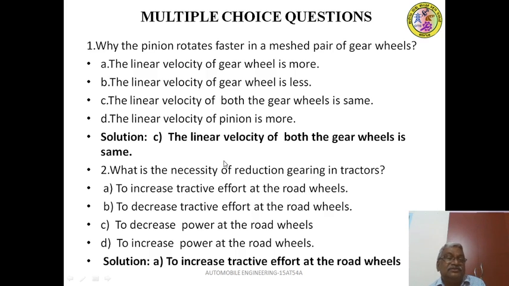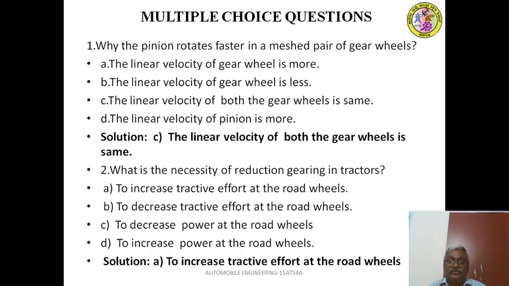Next, multiple choice questions. Why does the pinion rotate faster in a meshed pair of gear wheels? Many options are given here. The pinion rotates faster because pinion is of less size or less diameter, whereas the gear wheel has larger diameter.